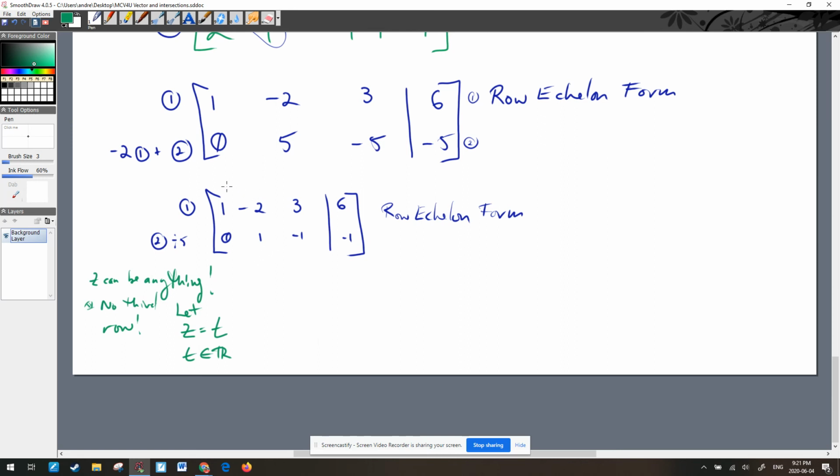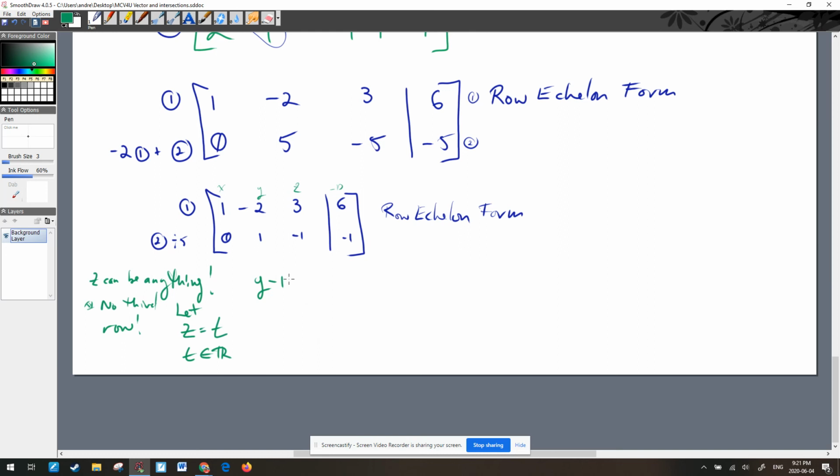Now we're going to walk backwards. Remember, this is x, this is y, this is z, and this is theoretically negative d. Now, if z was 2, we would have said 1y minus 1 times 2 equals negative 1, and then we would have solved for y. Well, we can do the same thing. So this is 1y, or y, minus 1z, but z is t.